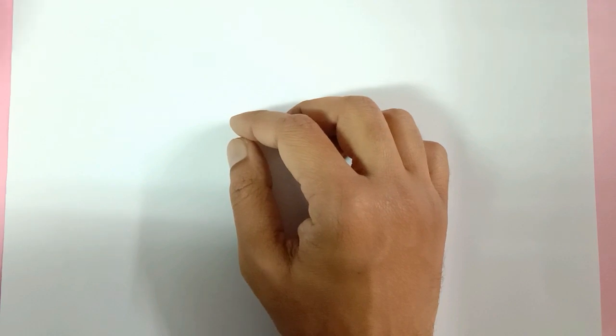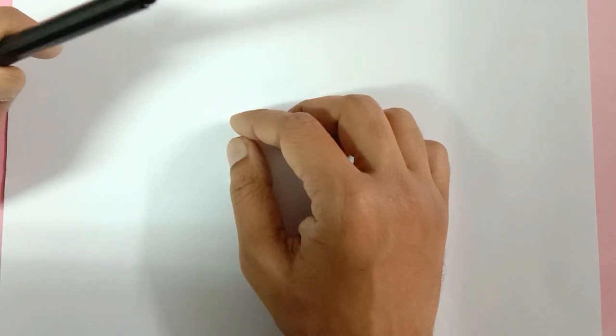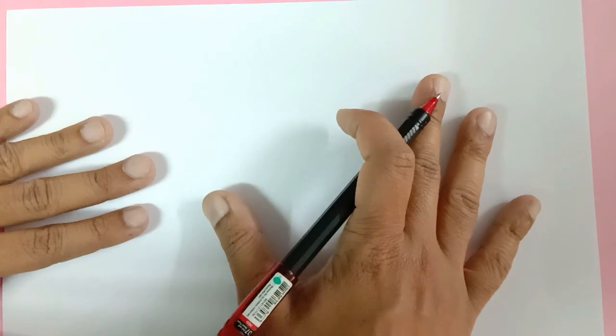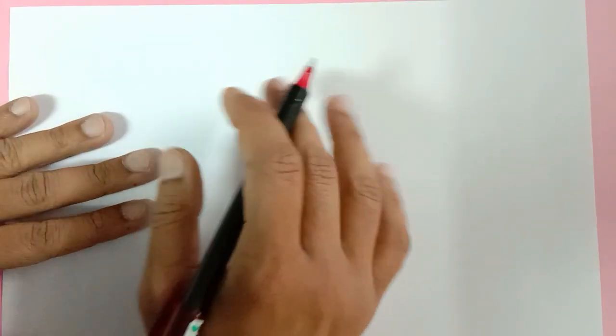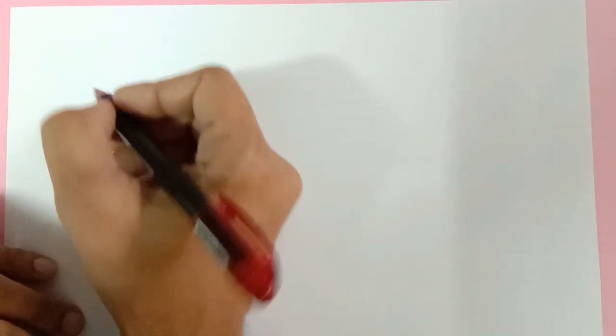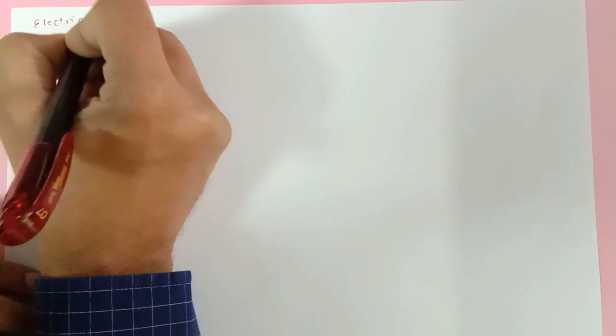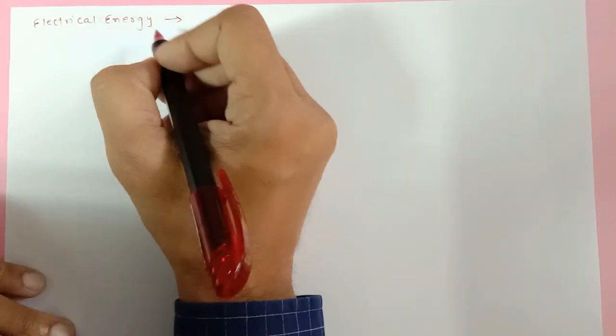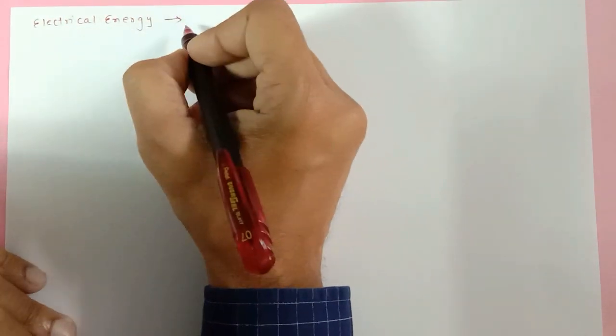So now let's move on with the next example of energy conversion. Till now we were discussing the conservation of energy, and we were also discussing the potential to kinetic conversion. Now let's talk about electrical energy getting converted into heat and light.